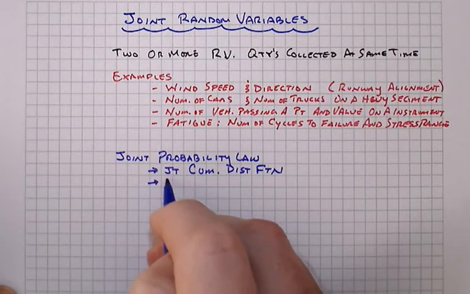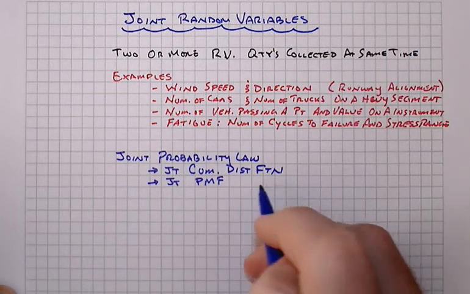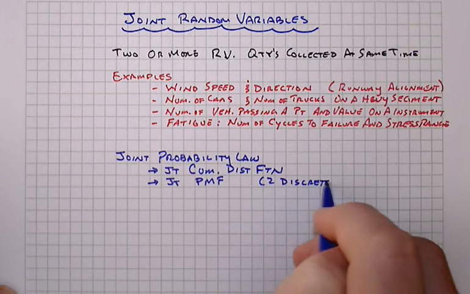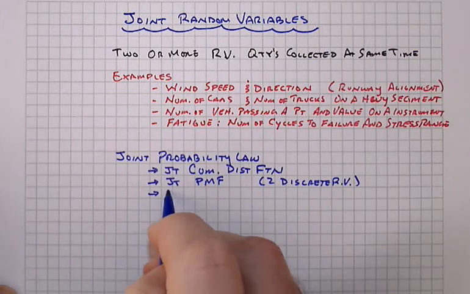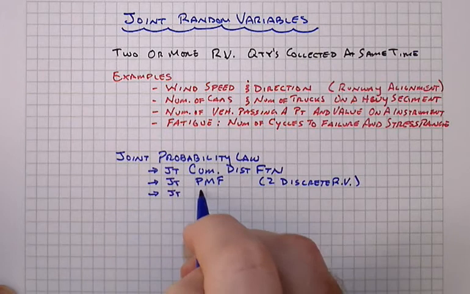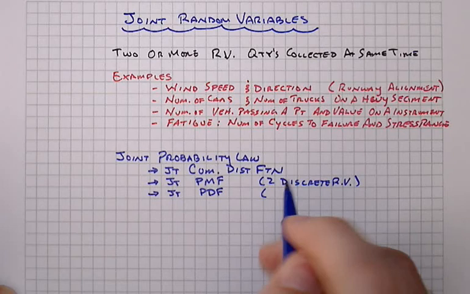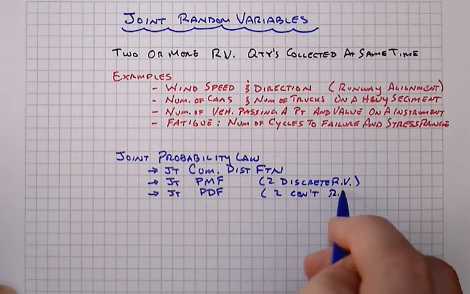Or what's their joint probability mass function, say for two discrete random variables? Or if we get into the continuous domain, then we have the joint probability density function. And that might be for two continuous random variables.